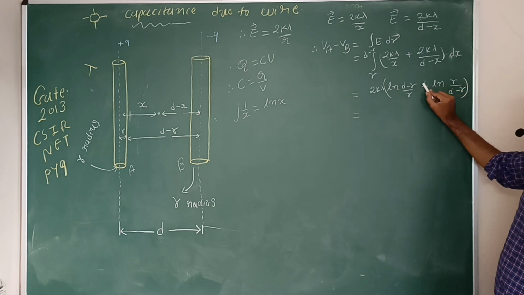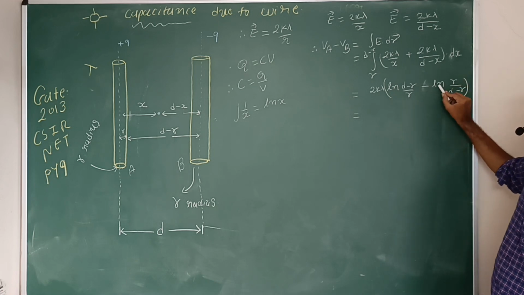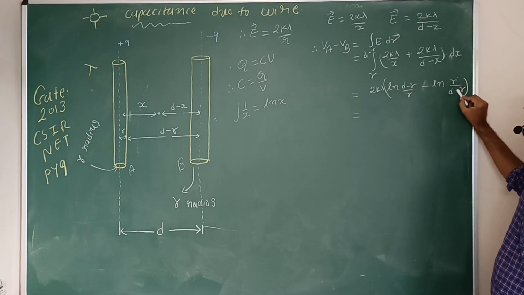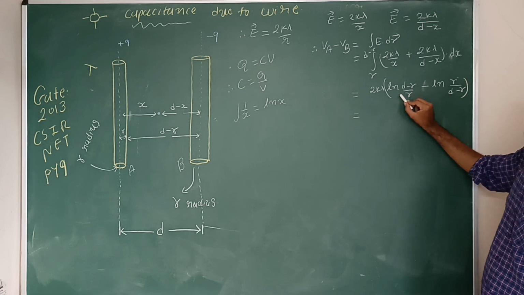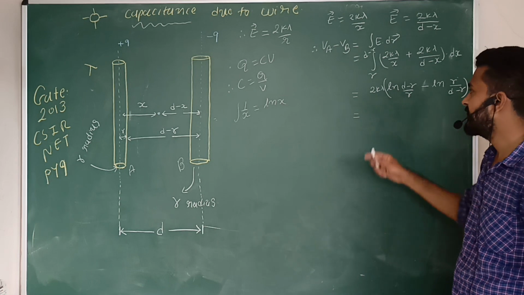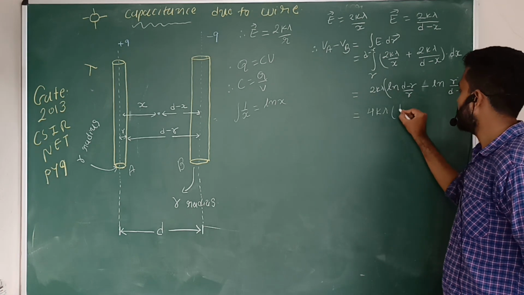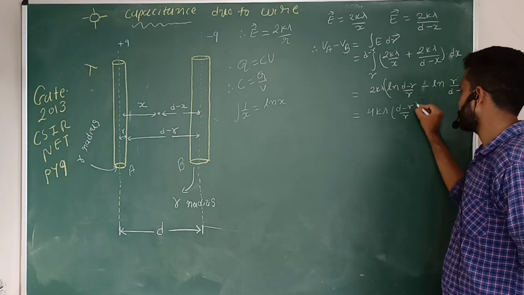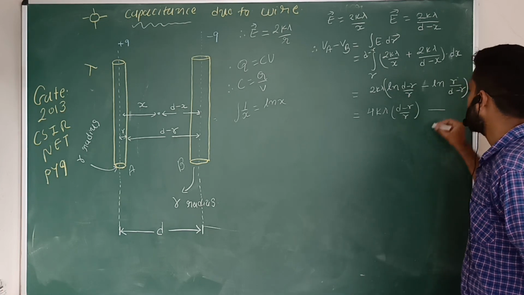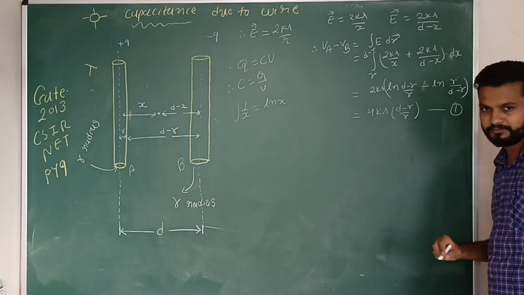That means if we take it as a plus, we can write ln of d minus r upon r, which is basically this quantity. So it will be multiplied by 2, and it will be 4kλ ln of d minus r upon r. So half of our task is completed.